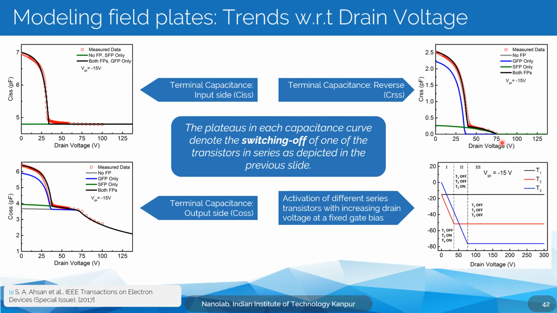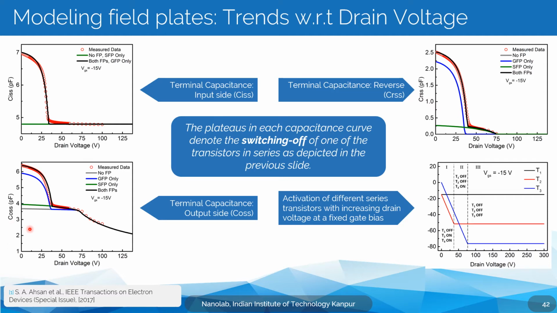And the CRSS, if we consider both these transistors, the combined effect looks something like this, which very cleanly overlaps with the measured data. The red dots are the measured data, and it very cleanly overlaps with that. And this is the output side capacitance, which is nothing but CDS and CGD.